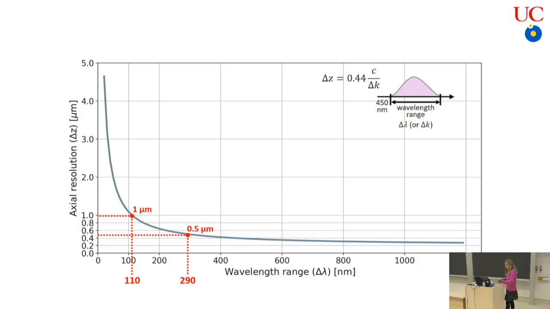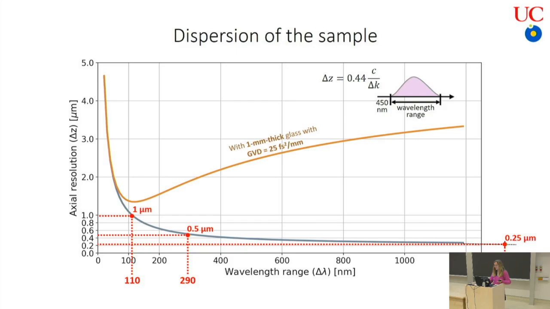To get an axial resolution that is twice better, so 0.5 micrometers, we need 290 nanometers, and then 0.25 micrometer means that the bandwidth should be basically ridiculous, 1700 nanometers. So yeah, that's one of the problems.